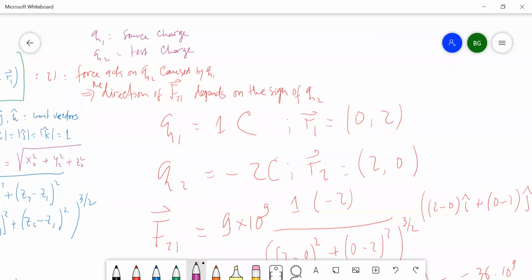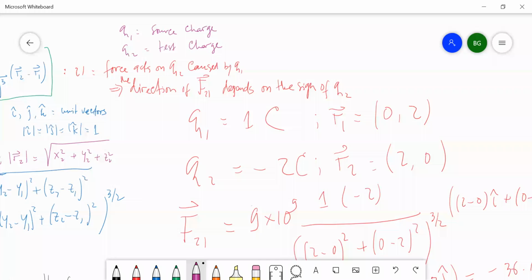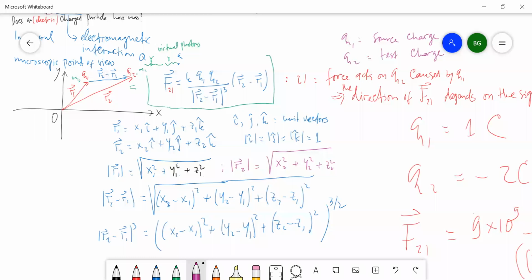In general, what we have discussed here considers three-dimensional space.